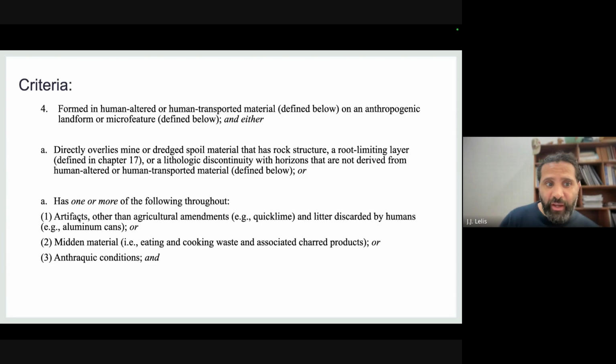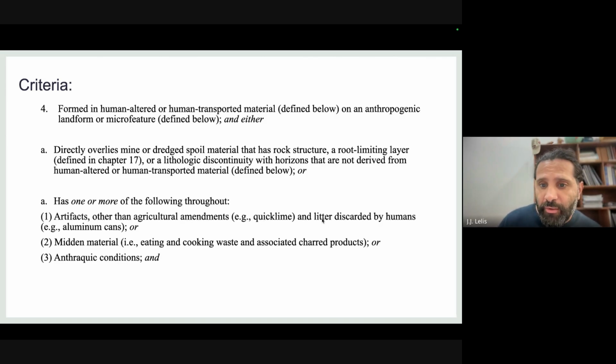That specific horizon or layer registers artifacts, materials induced and then transported or added by humans. Okay, and these artifacts should be other than agriculture amendments like lime. So it's not just adding fertilizers, it should be something big, something that really changed the structure and the fabric of the material, okay?